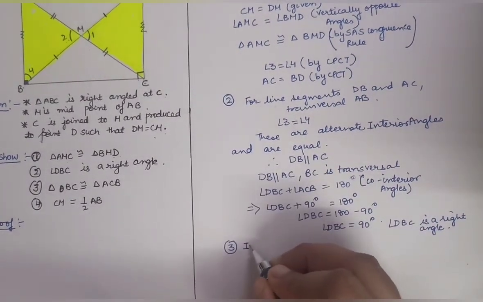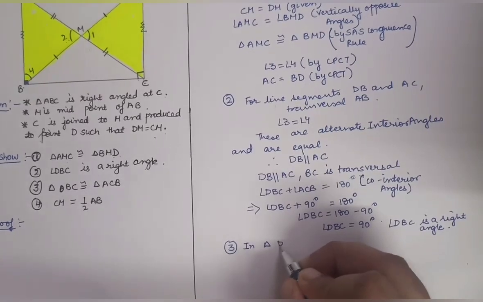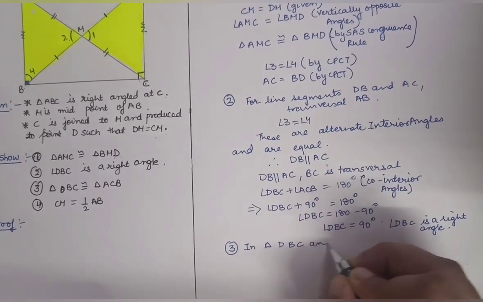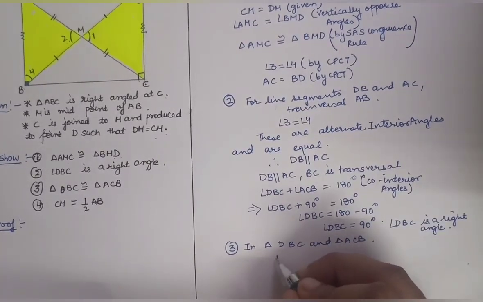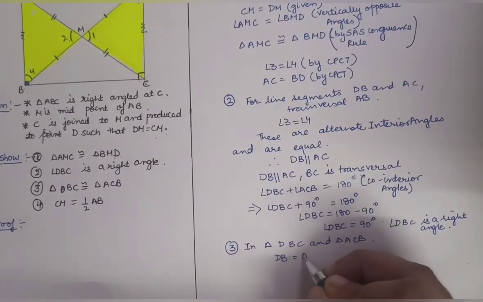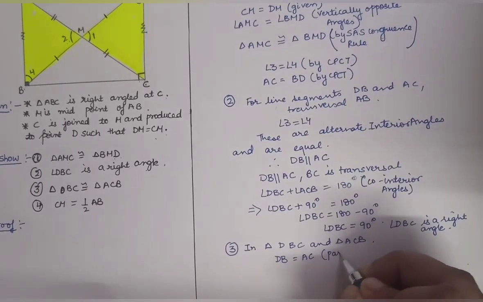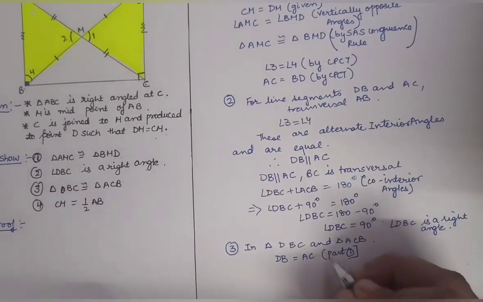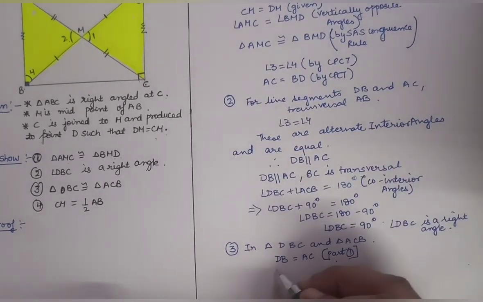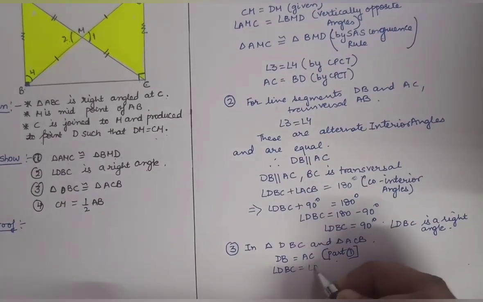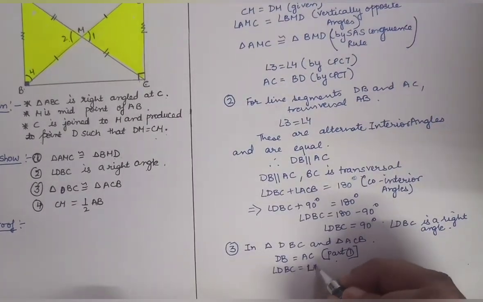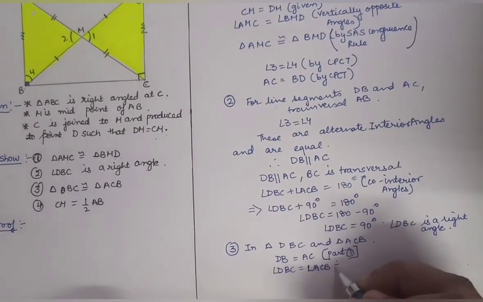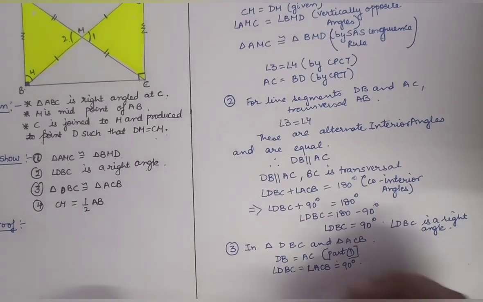So while writing, we will say in triangle DBC and triangle ACB, we have DB is equal to AC, which is from our part 1. Then next we have angle DBC is equal to angle ACB, both of them are 90 degrees.